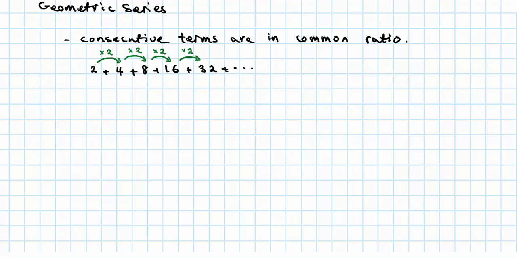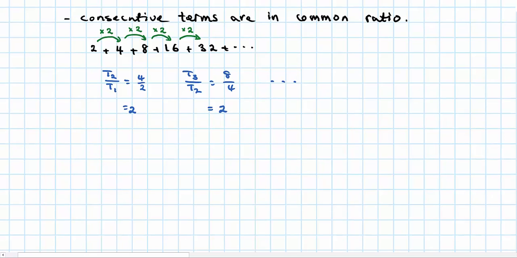Since we're interested in ratio, what we're looking at is t2 over t1, in this case 4 over 2, which is 2, to be the same as t3 over t2, which is 8 over 4, which is 2. And as you can imagine, as I continue, that's going to be the case. It's going to all be the common ratio 2.